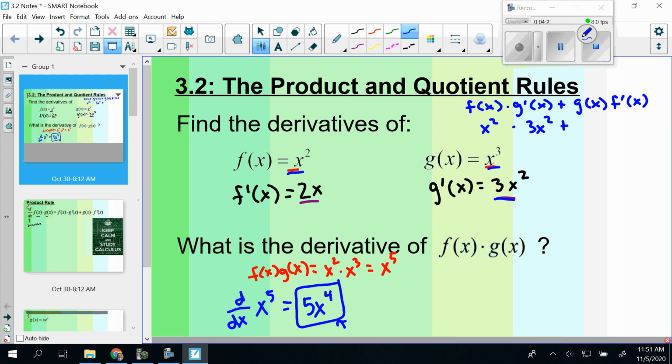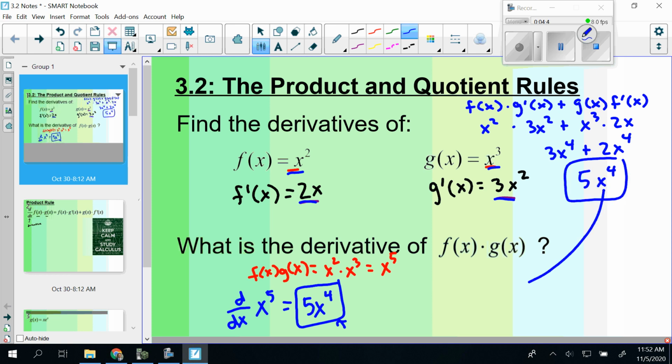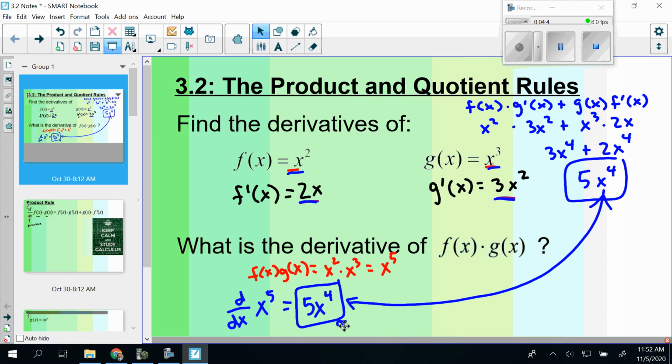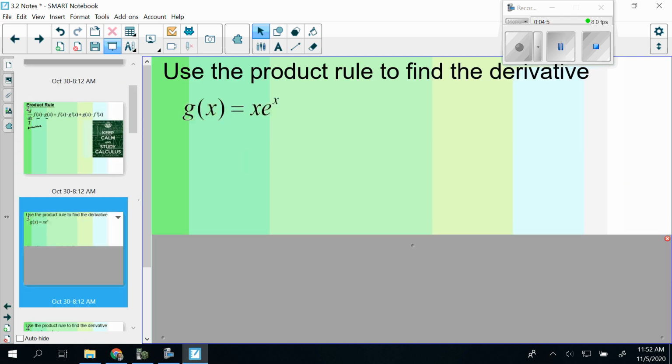Plus g of x, that's x cubed. And f prime of x, that's 2x. And so if we multiply here, we get 3x to the 4th. Plus, multiply these other two, we get 2x to the 4th. Add them up, we get 5x to the 4th. Is that the same answer as here? Absolutely. You can see there that product rule does in fact work to get a derivative. So that's what we need to be using anytime you notice a problem where you got two functions multiplied.